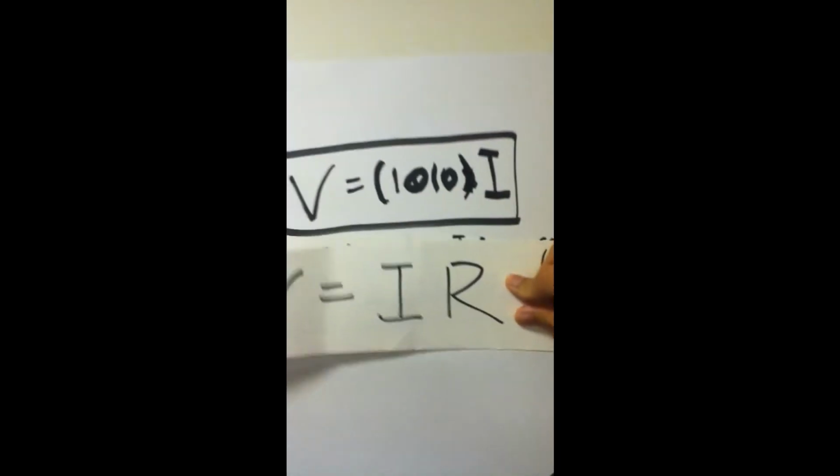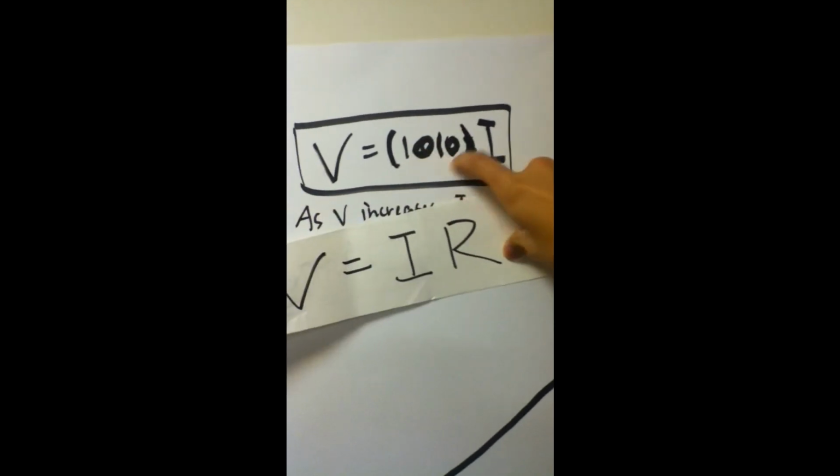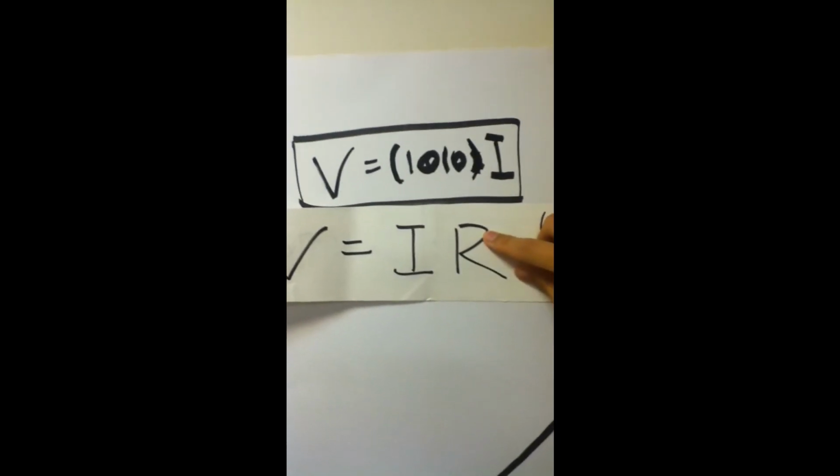This is the guy, Ohm. So you'll find that this 1010 is our constant, which is our resistance.